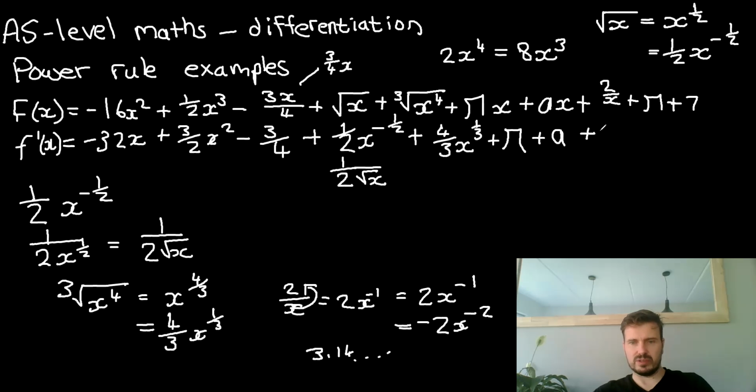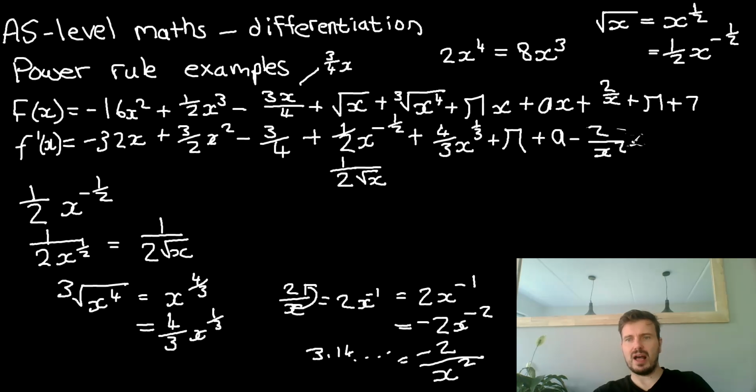So it would be negative 2x to the minus 2. But of course, we don't want negative exponents. So the x to the minus 2 goes to the bottom and becomes positive 2. So it'll be negative 2 over x squared.